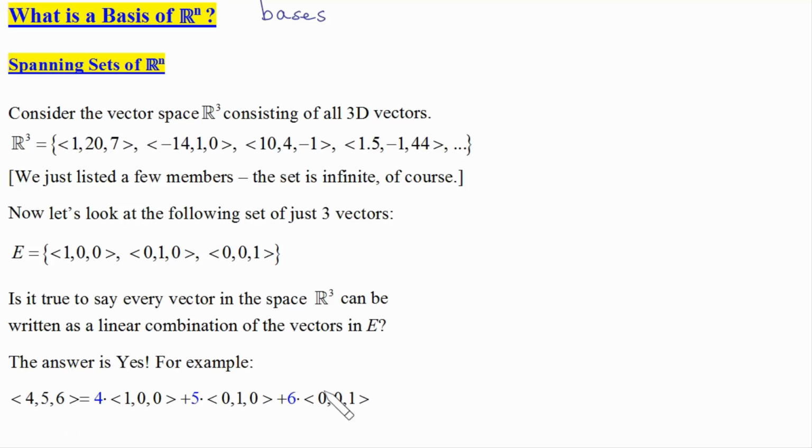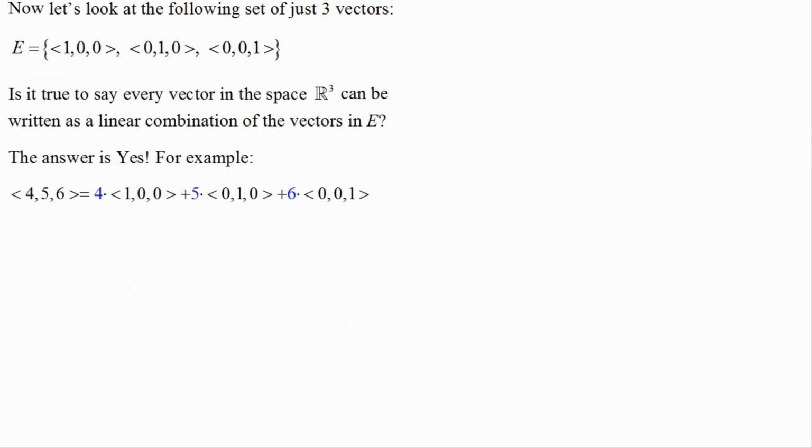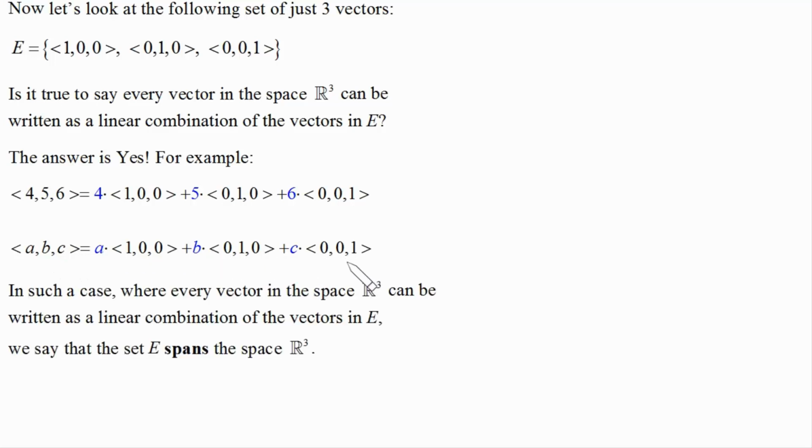But it's also clear that this can be generalized. I mean, nothing special about 4, 5, 6. And I can replace the 4, 5, 6 by an arbitrary A, B, C and do the same thing. So you see that any vector is a linear combination of these 3.